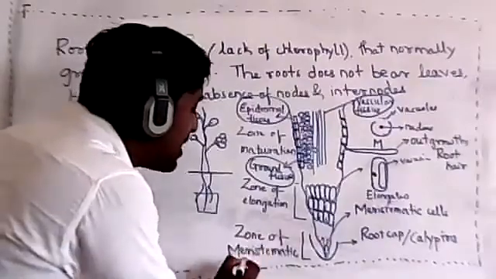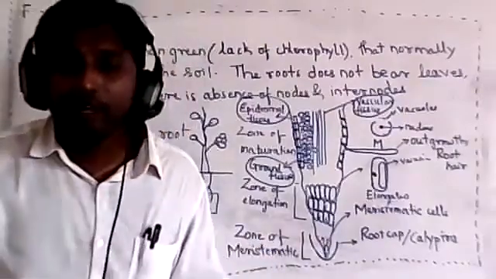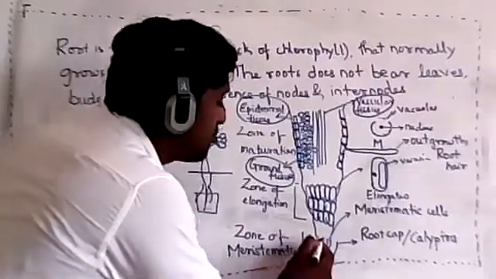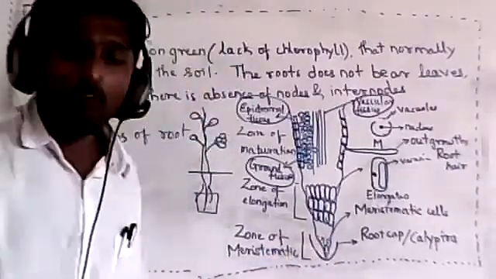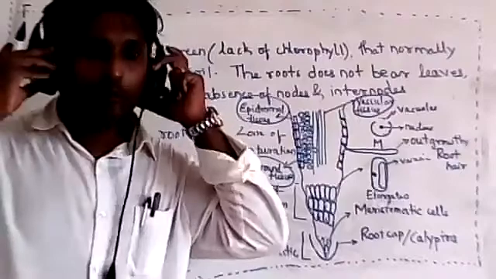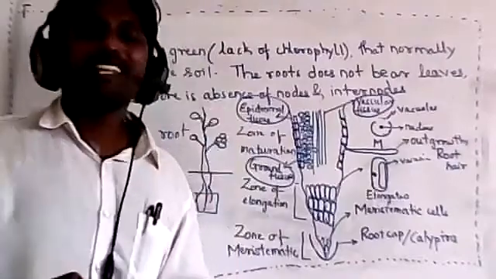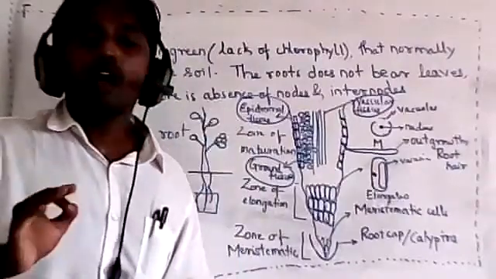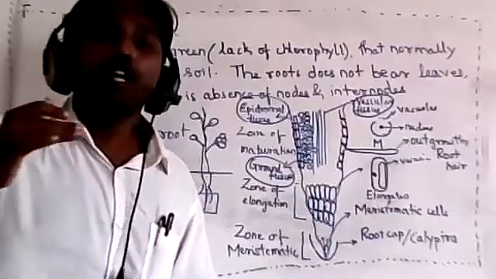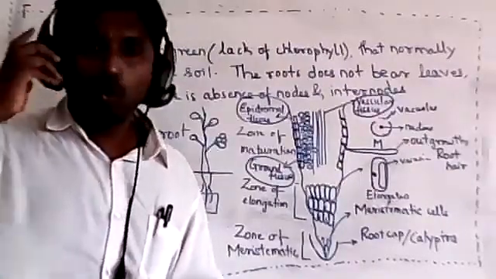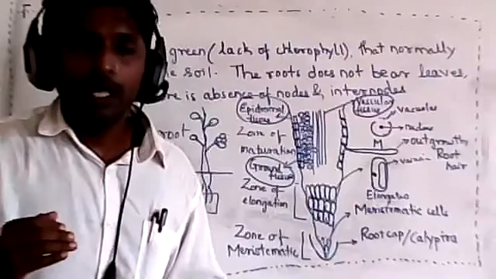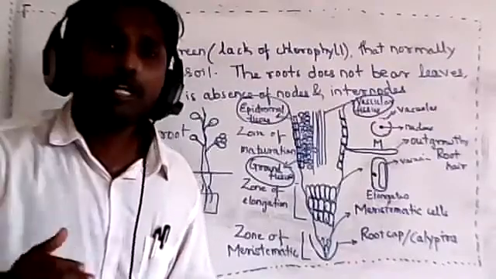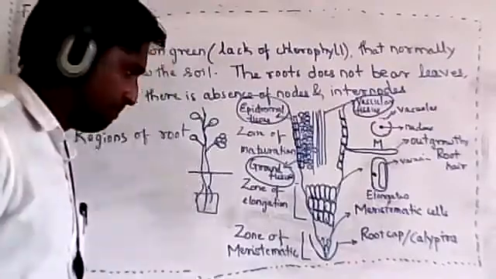Why do we call it the zone of meristematic? The reason is this region consists of meristematic cells. What are meristematic cells? These are the cells which continuously undergo mitosis. Mitosis keeps happening continuously.